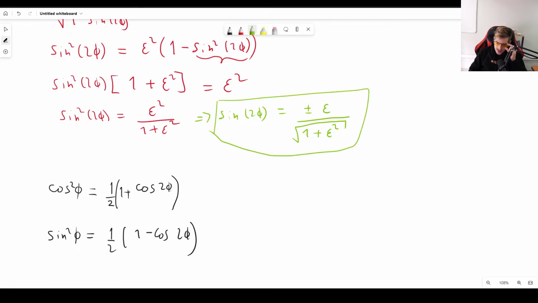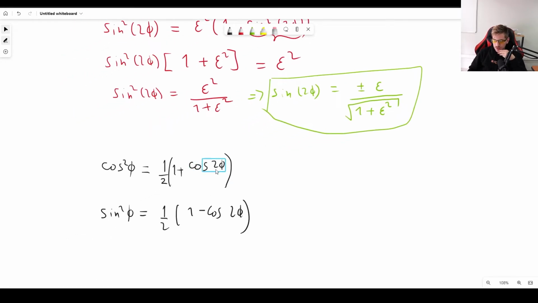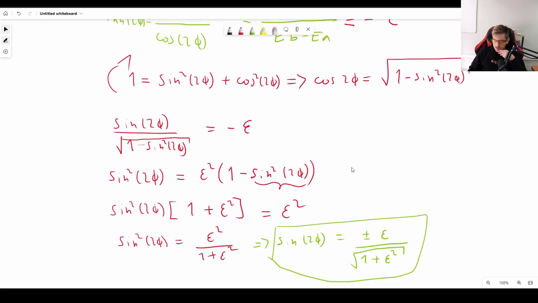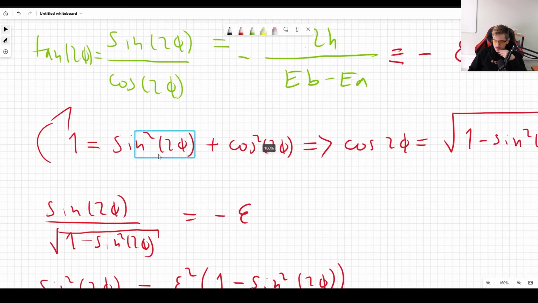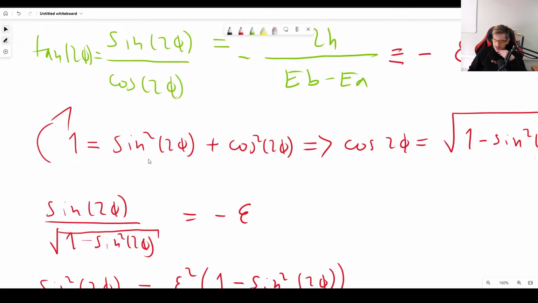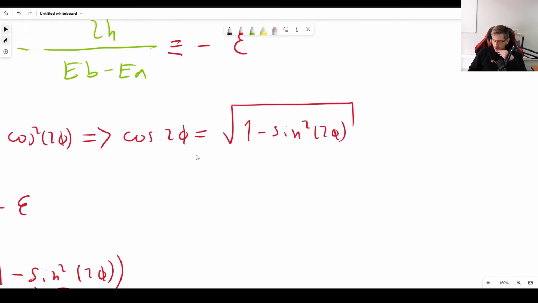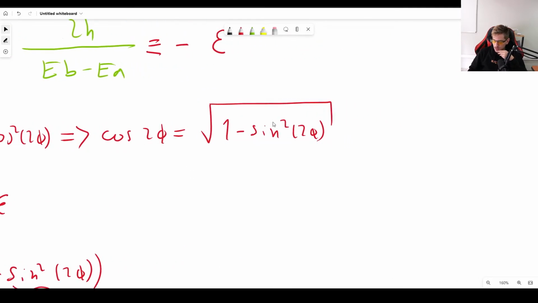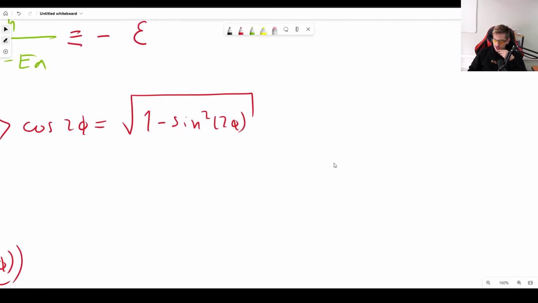And now, what is the easiest way of finding cosine of 2 phi? Well, it is by going back to this here, right? Because we know what sine squared is, so cosine of 2 phi we can find from this very equation. So maybe let's write it like this, because we have to be very careful with the signs.